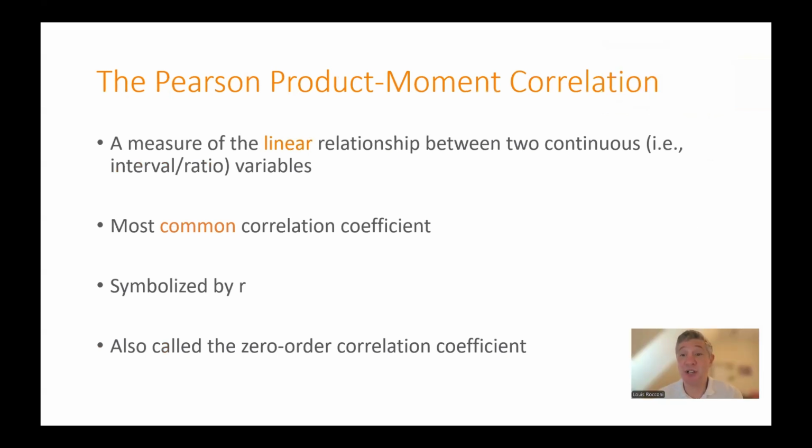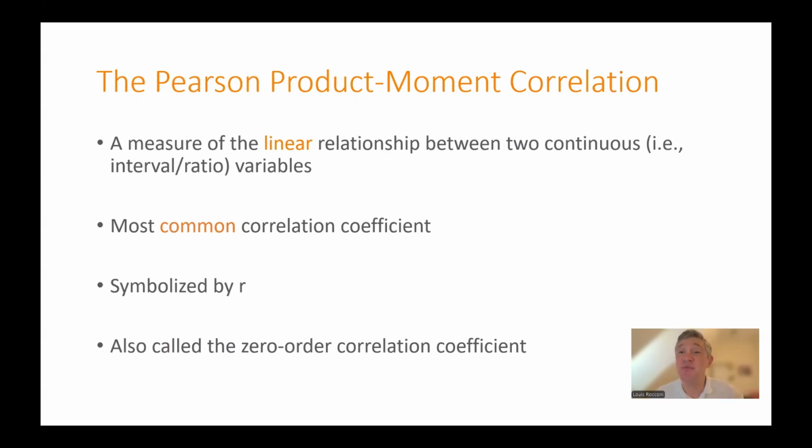Our measure of the relationship between bivariate data is the Pearson's product moment correlation coefficient. You may also hear it called a zero order correlation coefficient.